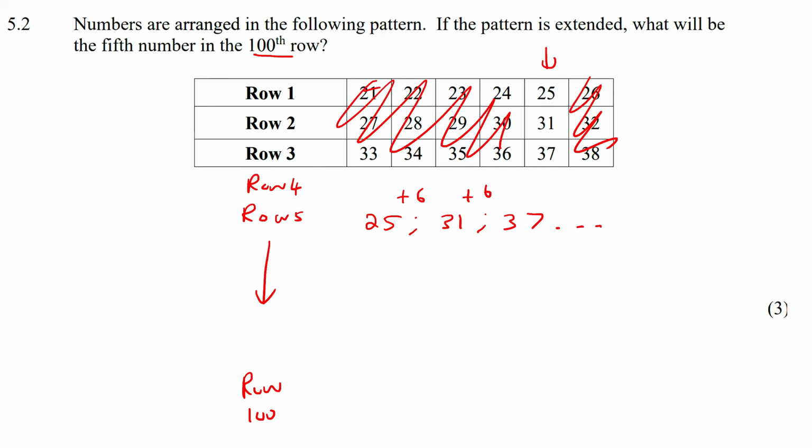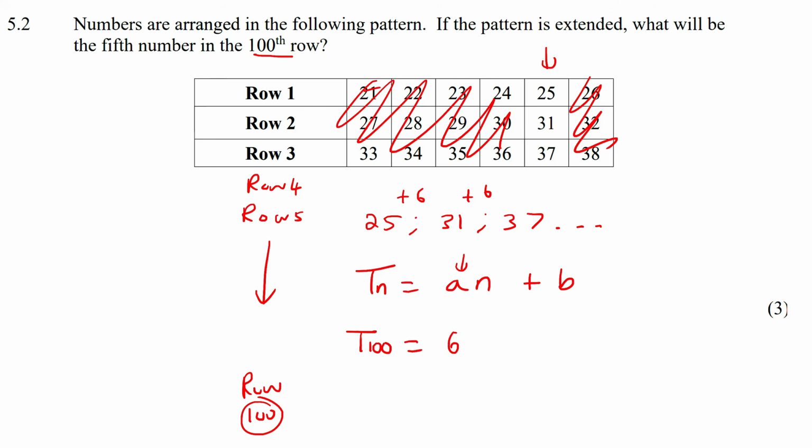So this is actually just a normal linear pattern. And we know that we can find the formula by just using Tn equals An plus B. We know that we would like to find row 100, so we want to find term 100. We know that A is the amount that we are adding each time, so that's 6n.